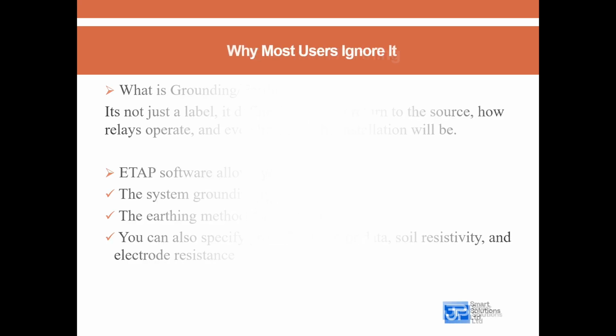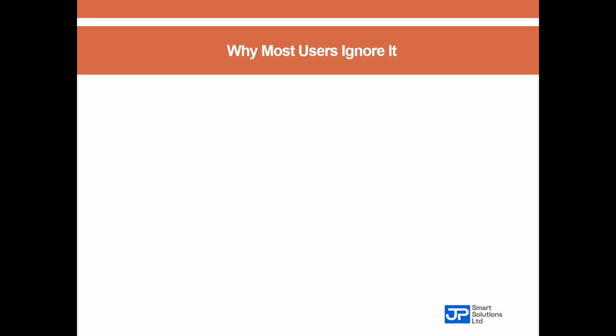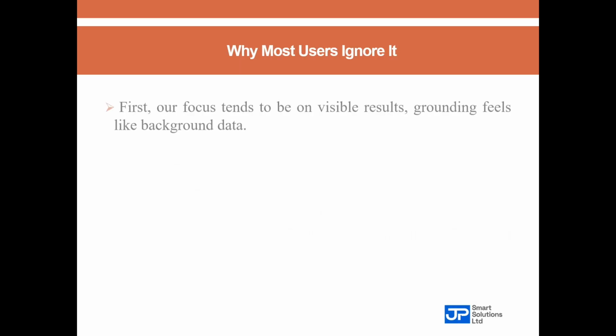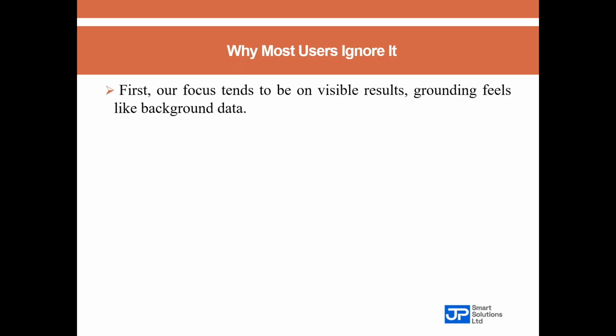So now let's talk about why most users ignore this grounding. Why do engineers ignore grounding in ETAP software? Practically, there are three main reasons. The first reason is our focus tends to be on visible results. By visible results, I mean things like voltage profiles, the fault currents, or the coordination curves.